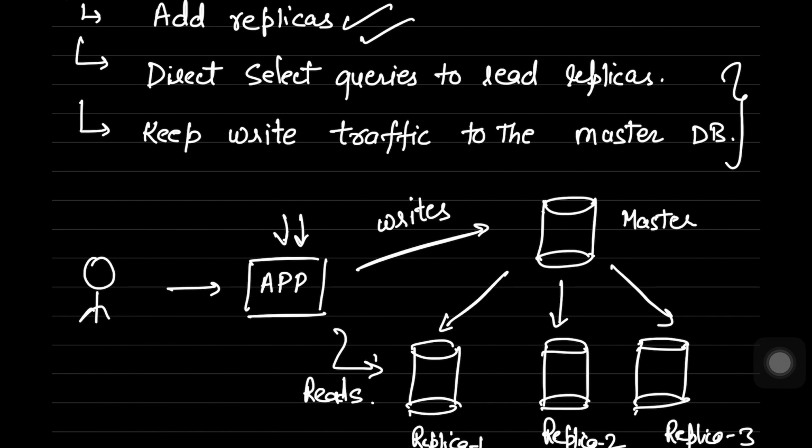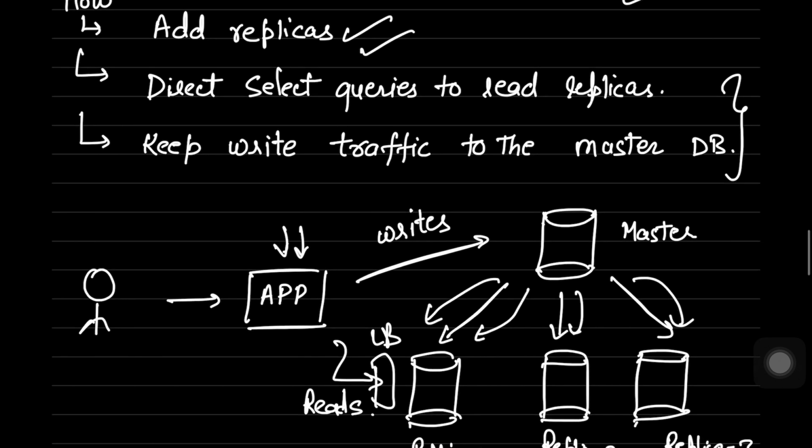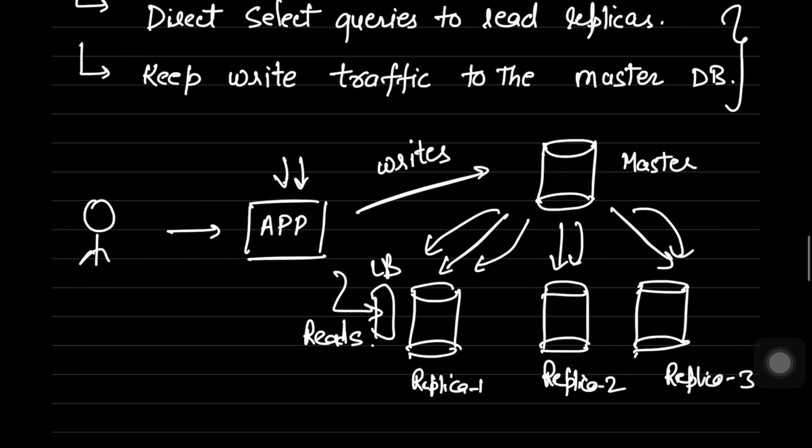Now, there will obviously be a load balancer in between because there are multiple read replicas. The load balancer will take care of it and direct your query to one of the read replicas, and data is getting synchronized from the master. All the writes will go to the master and it will synchronize the data to the read replicas. This might have some eventual consistency because your data is syncing with some replication lag, but you could also achieve strong consistency when you're writing it.